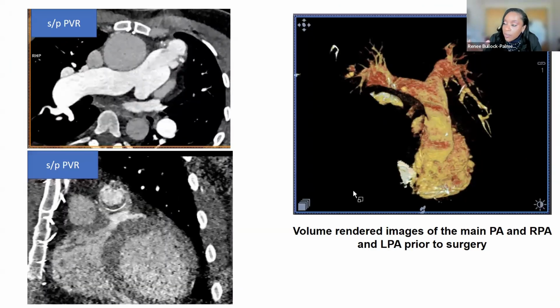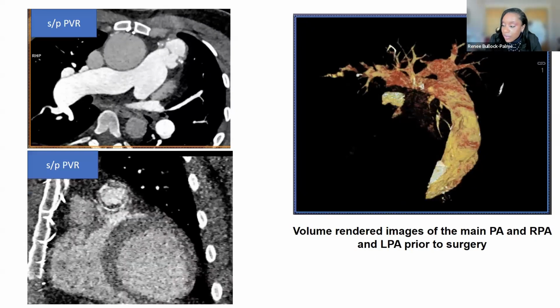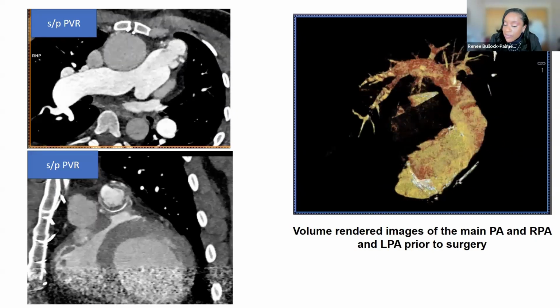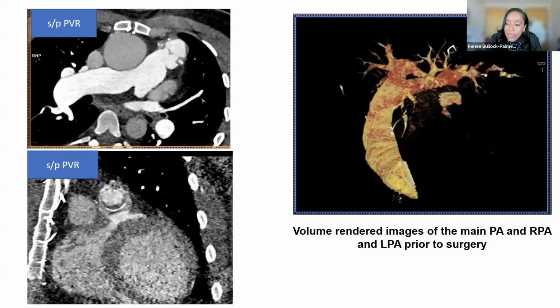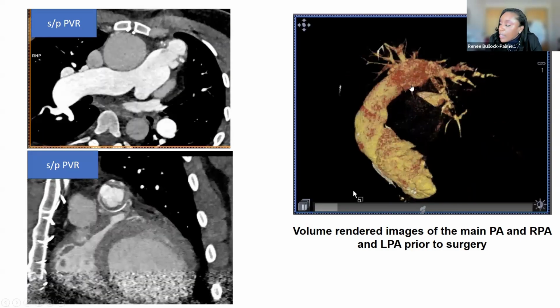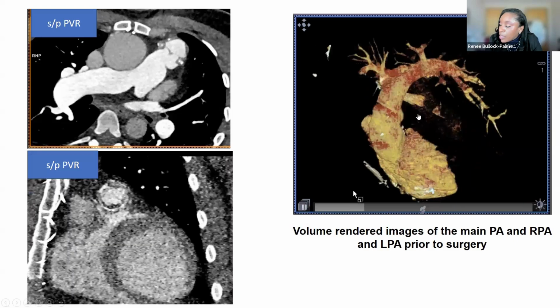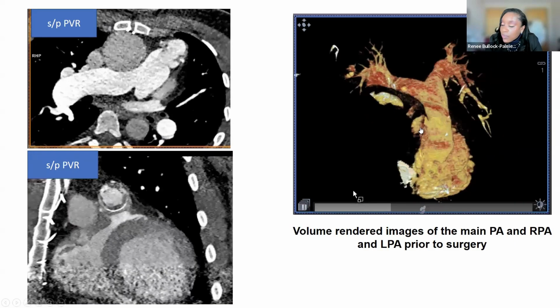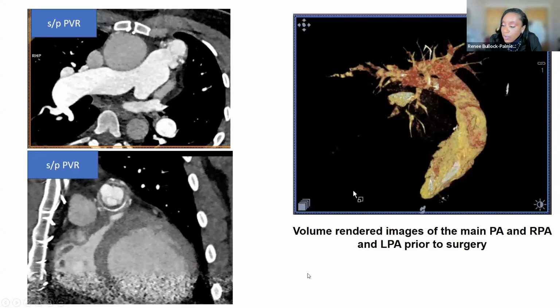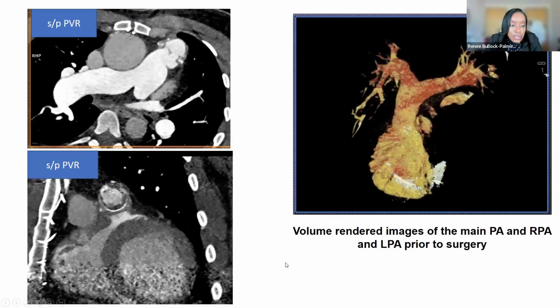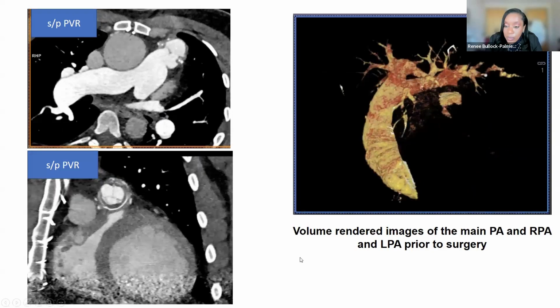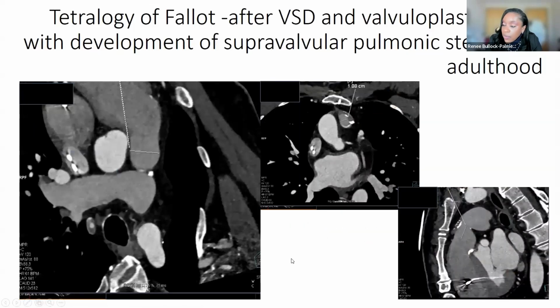And you can see here that we can see very, very clear images of the pulmonary valve. It was opening very well. Didn't really see any stenosis. You can get 3D measurements across, the 3D volume rendered images to see the relationship of the pulmonary artery. So very useful in this particular case. So for this patient, the valve was functioning well, and she went on her way to follow up with her referring provider.